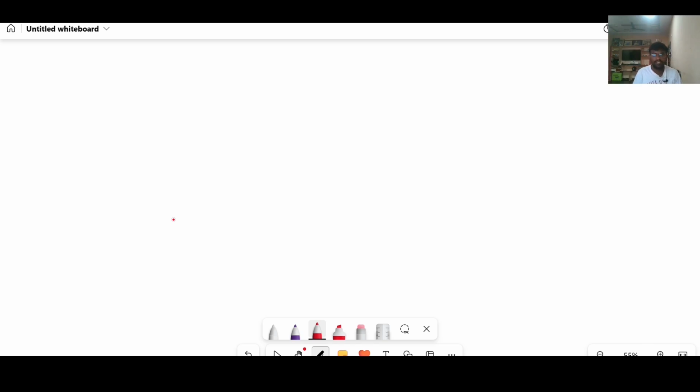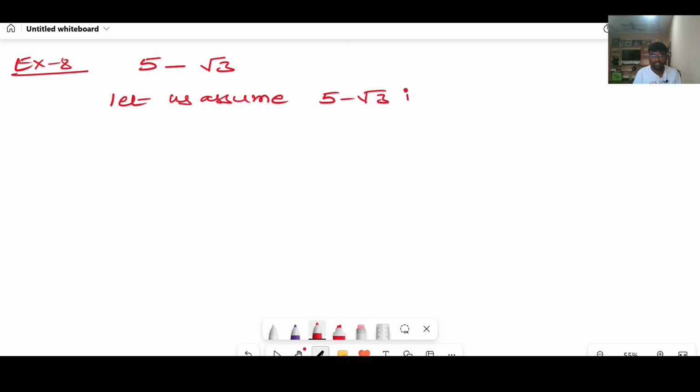Now we will discuss example 8. We need to prove this 5 minus root 3 as irrational. First we will assume this as rational. Let us assume 5 minus root 3 is rational.